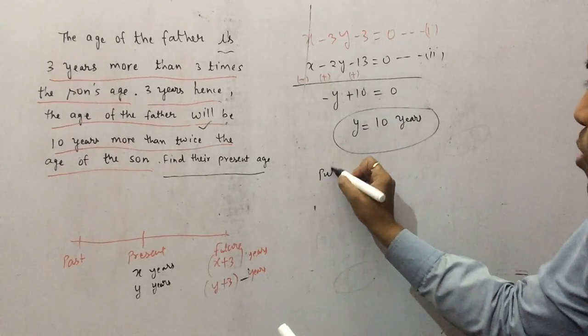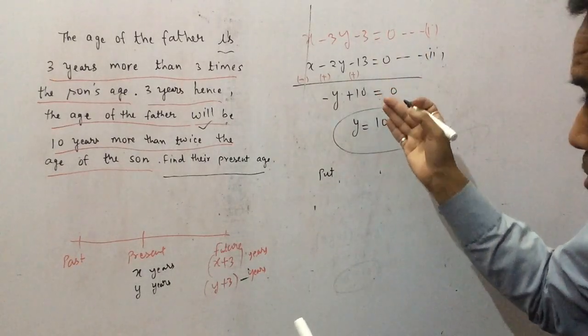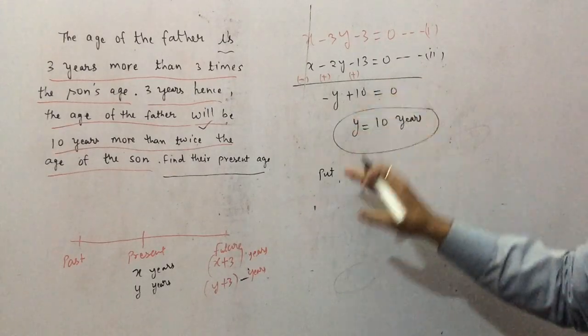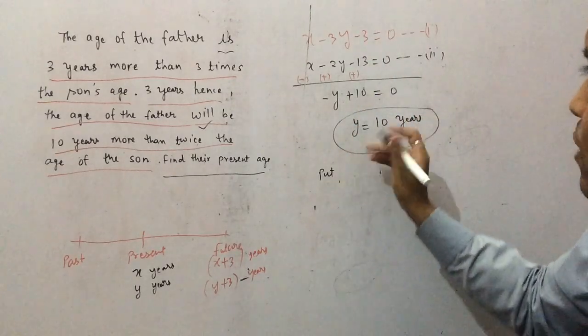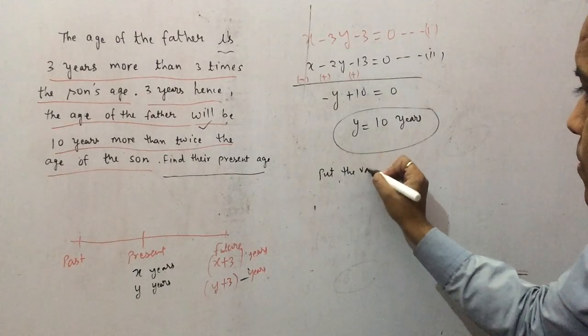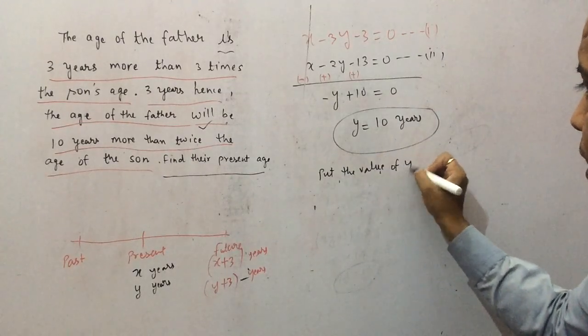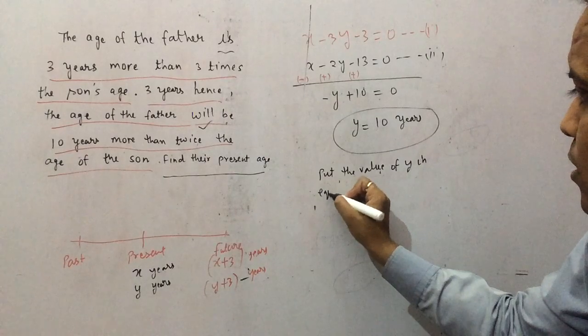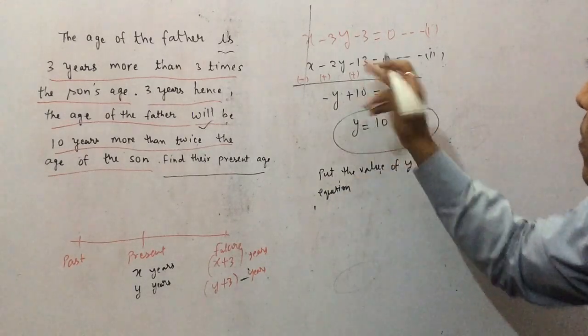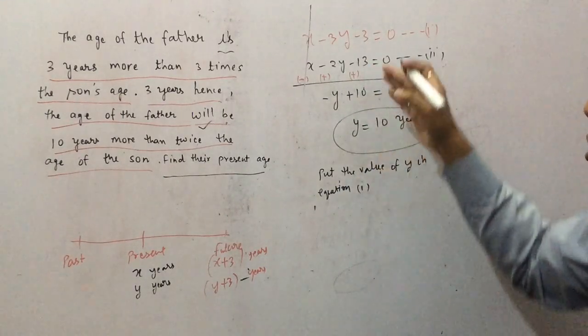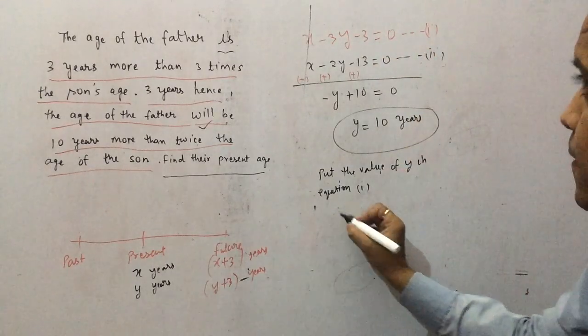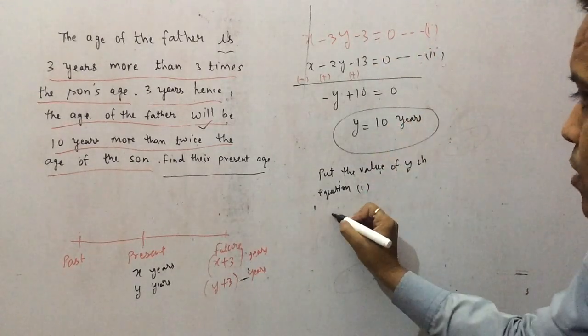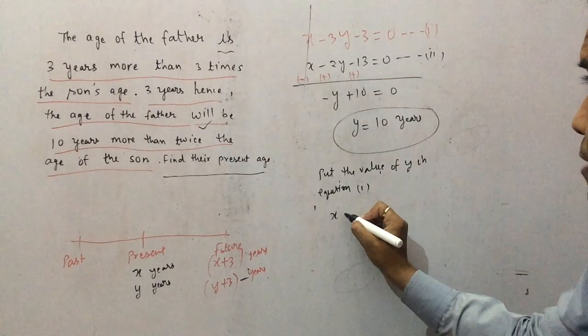Now you are going to use the substitution method in this case. Put the value of y in equation first. This is actually called the elimination and substitution method, because you are going to substitute the value of y here.